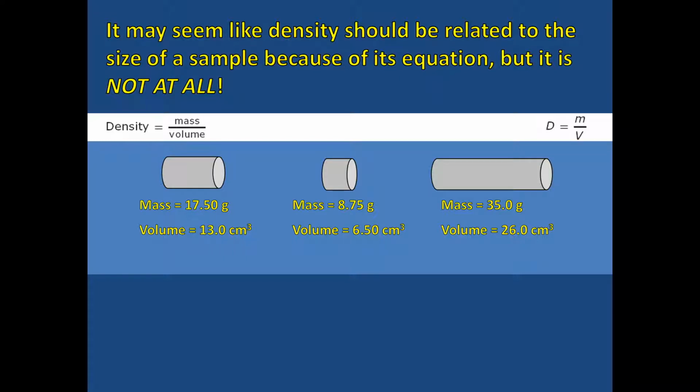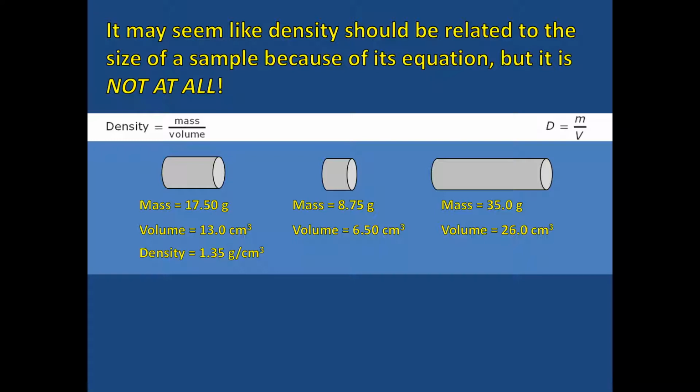So it may seem like density should be related to the size of the sample because of this equation, but it's not at all. Density is equal to mass divided by volume. If I remove some of the mass, I will also remove some of the volume. If I add some mass to it, I will also increase some of the volume. Because of this, it's density.